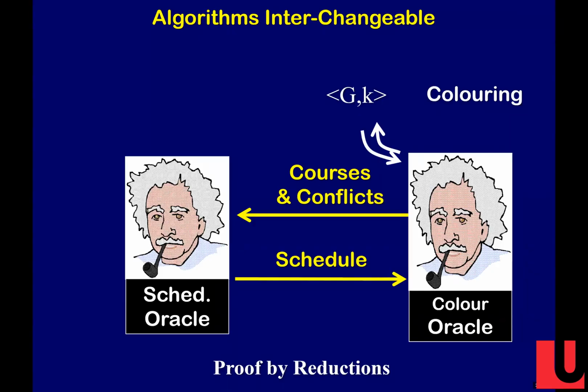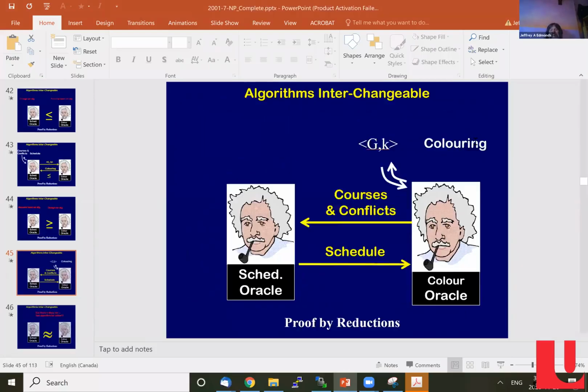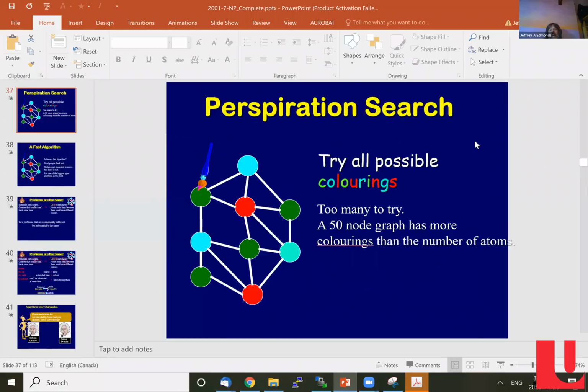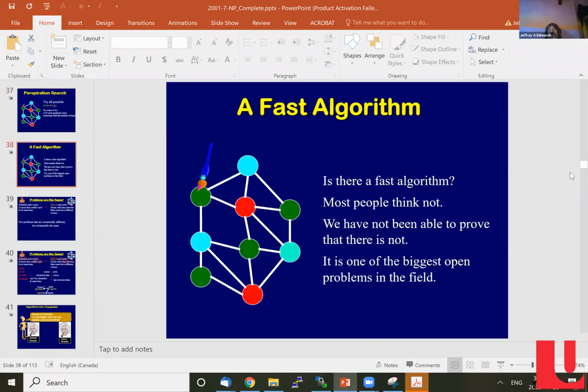Professor? Yep. Do you mind explaining again how we can use 3 colors to map more than 3 course conflicts? Oh. I think I skipped over that. So up here, I was saying that it's NP complete to know whether or not you could do it with 3 colors. But the more general problem is, give me the minimal number of colors in which I could do it, right?